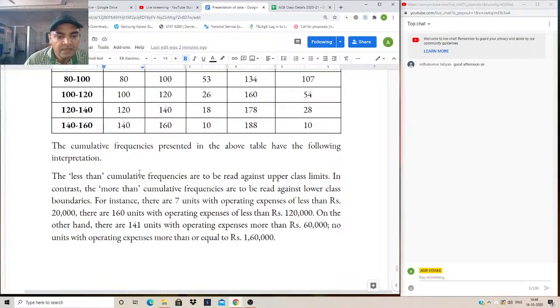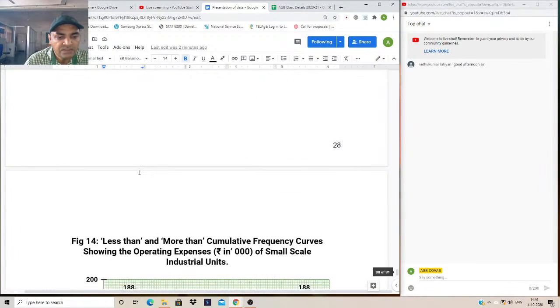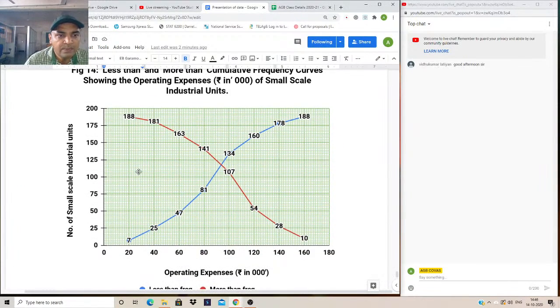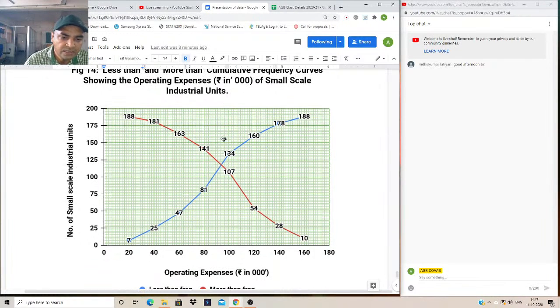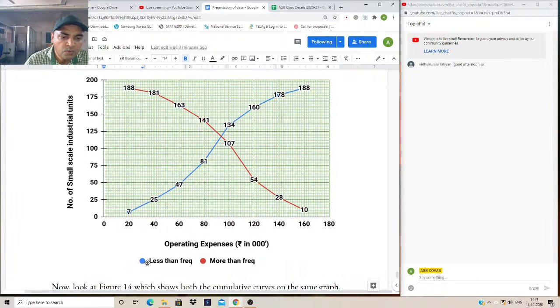When we construct this, this type of graph will be observed. That is self-explanatory. This shows the less than and more than cumulative frequency curves of the operating expenses, in rupees thousand, of small scale industry. You can see that the blue color shows the less than frequency.